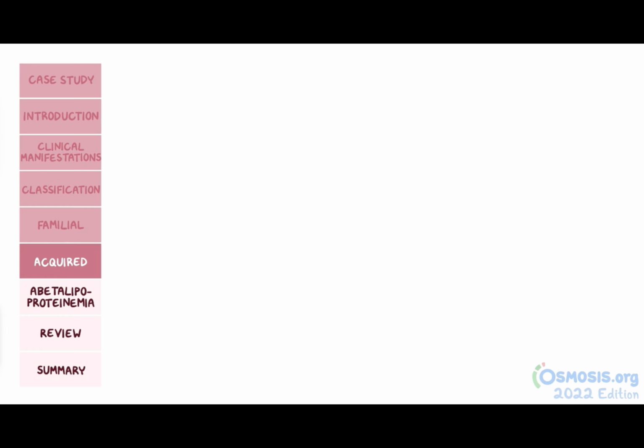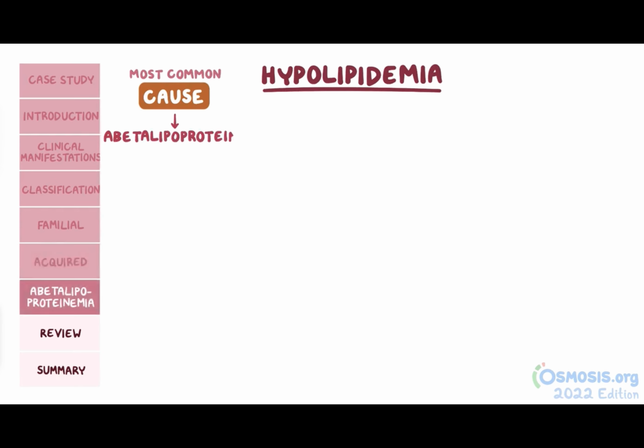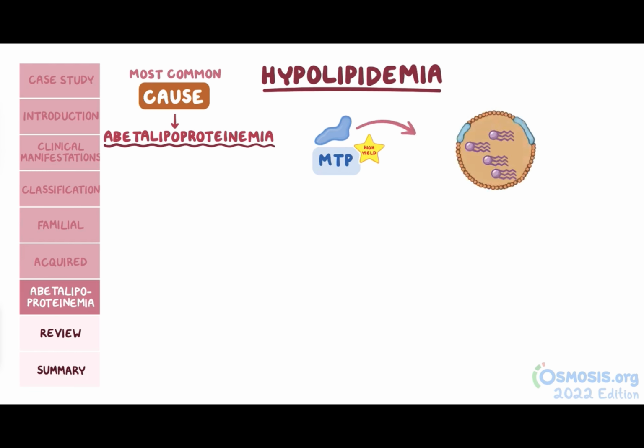Alright, now let's look at hypolipidemia. And the most common cause that will show up on your exams is abetalipoproteinemia. Normally, a protein called microsomal triglyceride transfer protein, or MTP, is responsible for packaging triglycerides into lipoproteins like VLDL and chylomicrons so that they can be carried in the blood. In abetalipoproteinemia, an autosomal recessive genetic defect happens to the MTP protein.